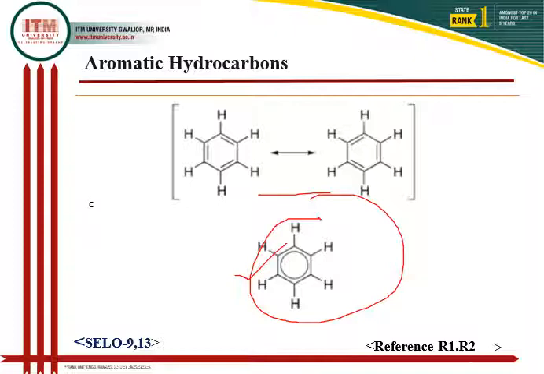Actually, the whole benzene structure has 5 contributing structures, 3 of Dewar and 2 of Kekule. So here 80% is the contribution of the Kekule structures, which gives the actual hybrid of the benzene structure, and 20% is the contribution of the Dewar structures. So here we have represented the more contributing structure, that is of the Kekule, and this is, we can say, the hybrid or the resonating structure of the benzene.